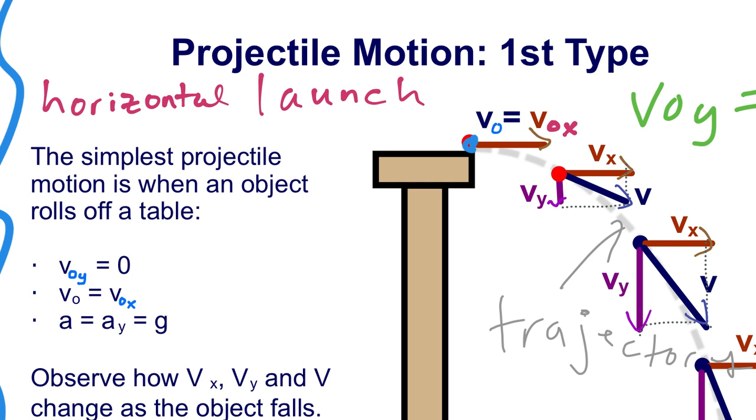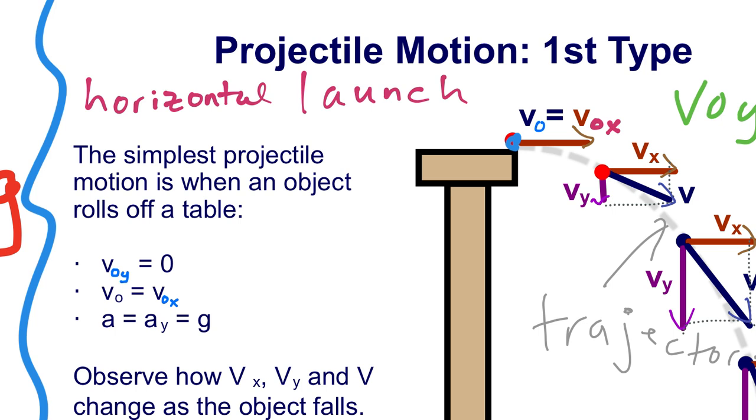There is no y component, as you can see in this picture right here. Then we can say the acceleration AY is negative 10, at least on Earth, meters per second squared.